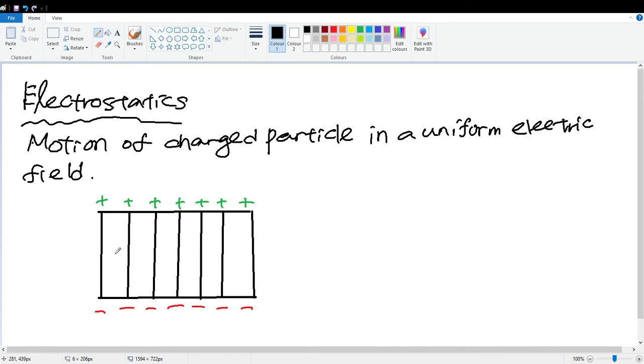The direction of the electric field is basically from positive to negative. So this is the region of the electric field.